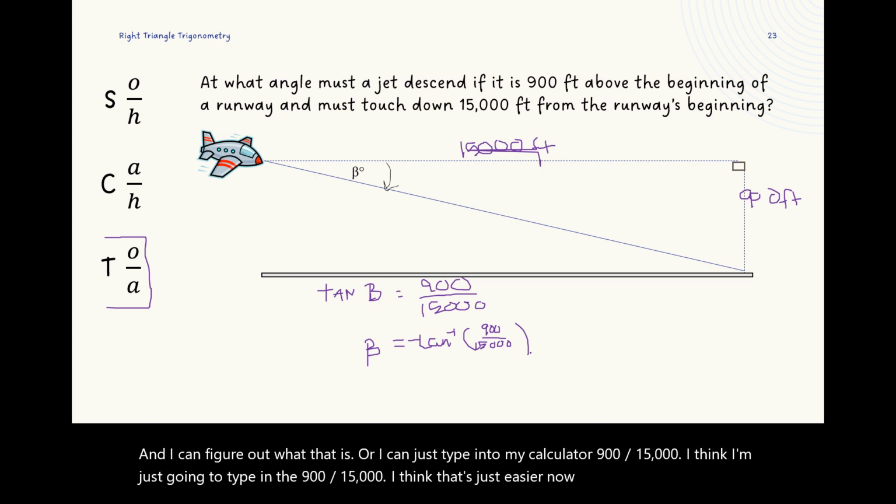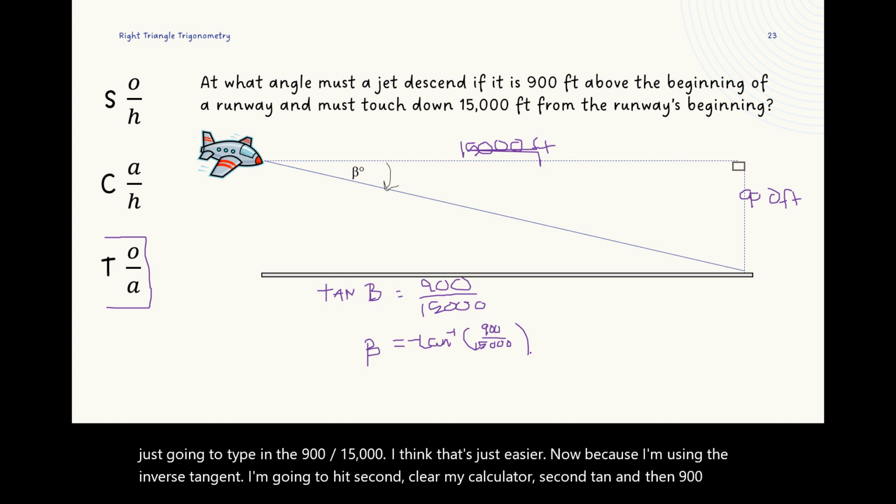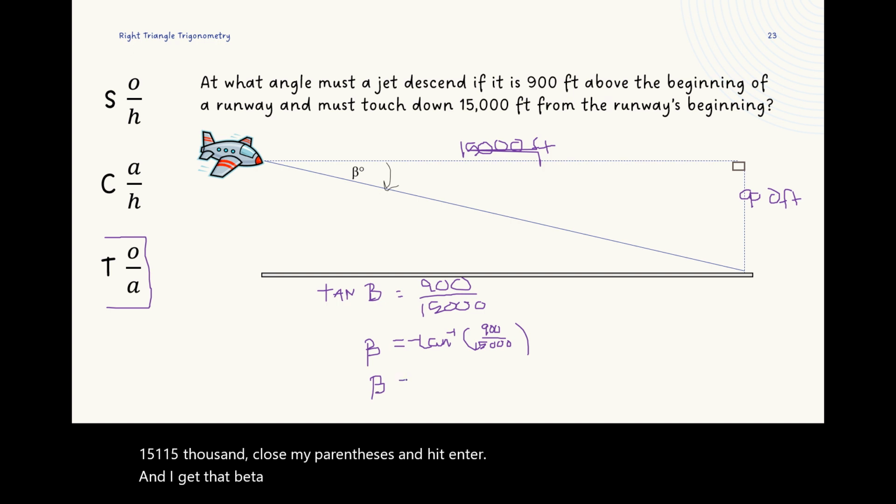Now, because I'm using the inverse tangent, I'm going to hit second, tan, and then 900 divided by 1,500, close my parentheses and hit enter. And I get that beta is going to be 31 degrees.